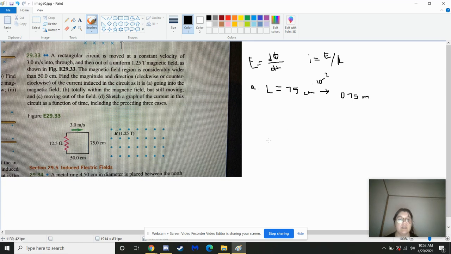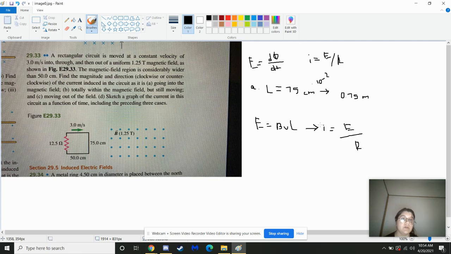Now, since we know that E can also be equal to BVL, we can say that the induced current is going to be E over R, just like up here.